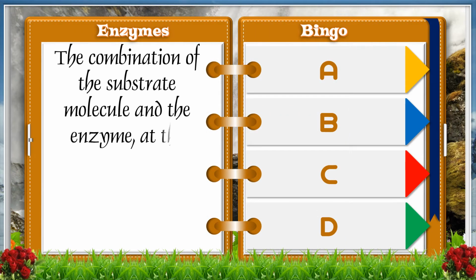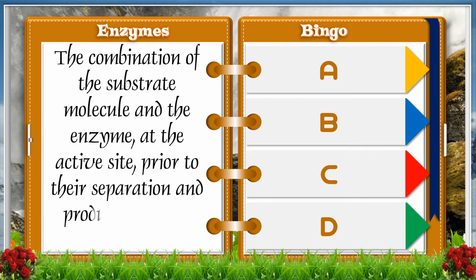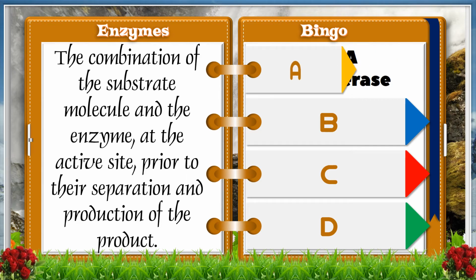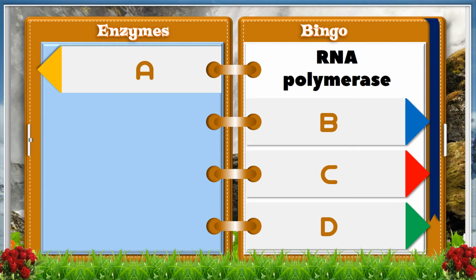The combination of the substrate molecule and the enzyme at the active site prior to their separation and production of the product. A. RNA polymerase.